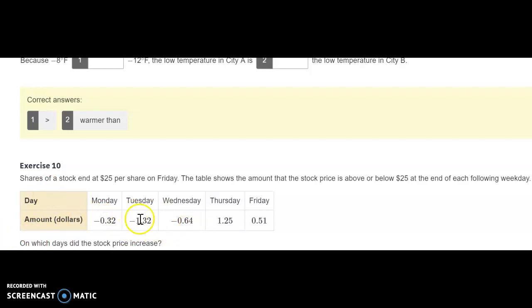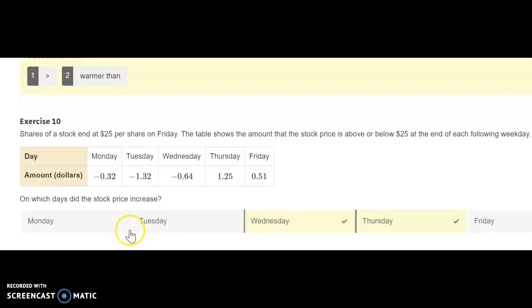When it starts to get smaller, like Wednesday, it's closer to 0, and then when Thursday gets bigger, the stock price went up. So what day did the stock increase? It increased on Wednesday because it was less. If we think of this as a 0 mark, it was closer to 0 with -0.64 than it was with -1.32. It also went up from -0.64 to 1.25 on Thursday.